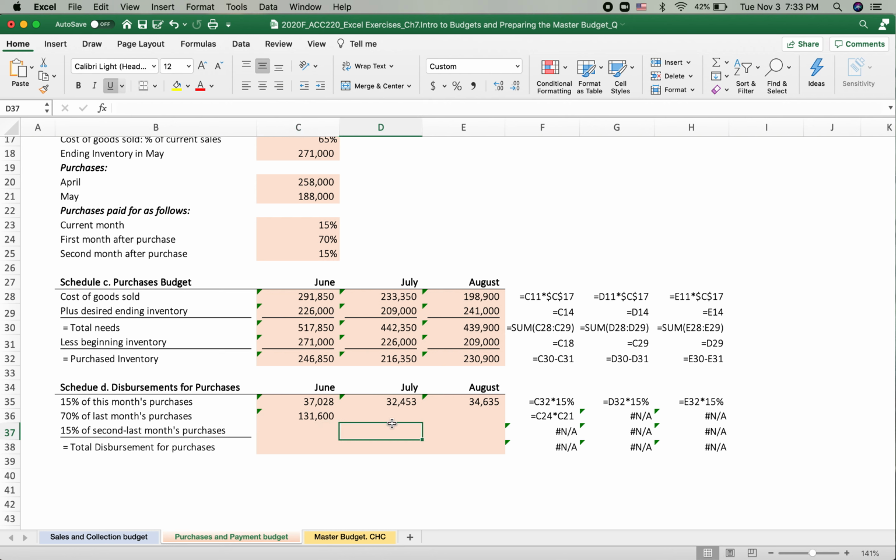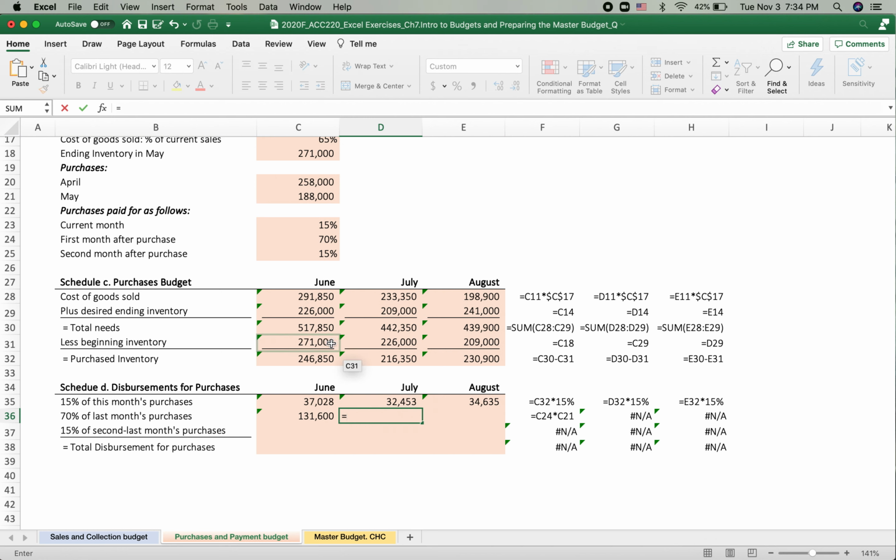Then next, July, the 70% of the last month's purchase. Now we can use, when was the last month? Right, the June for the July. So the 70% of the last month's purchase. So we will use this times, that's correct, 70%. Oh, sorry, in a different place.